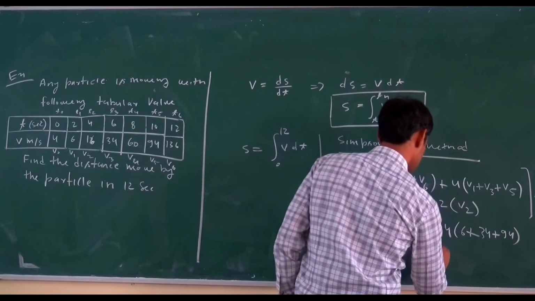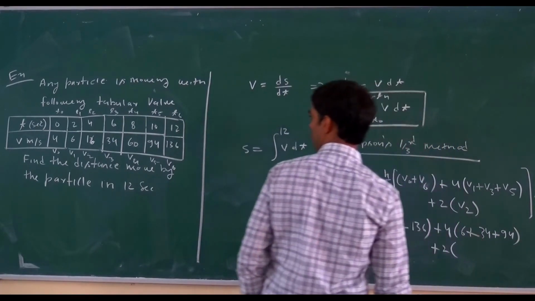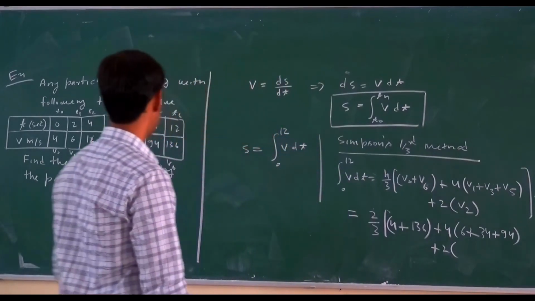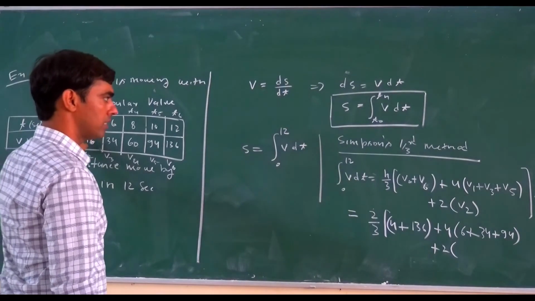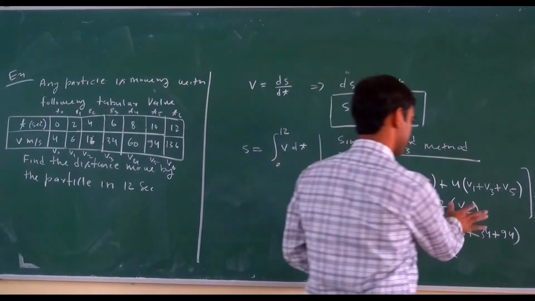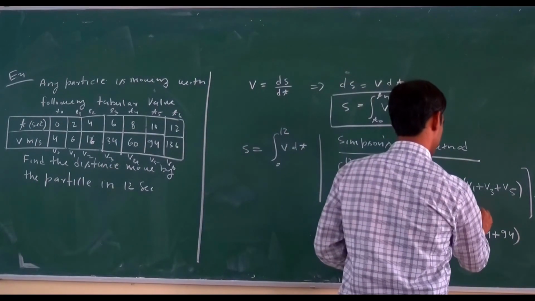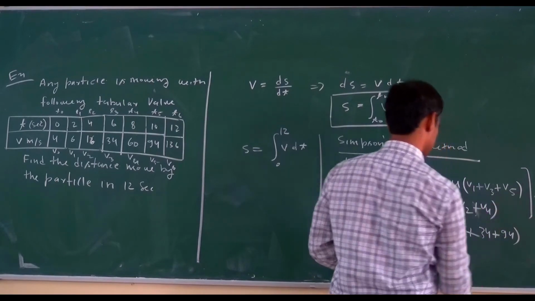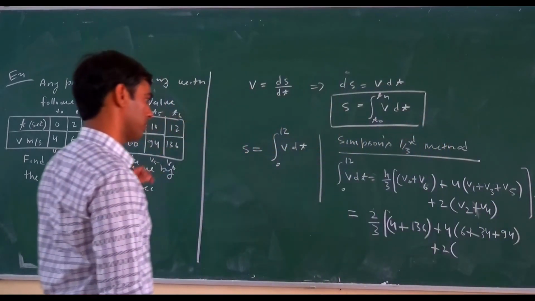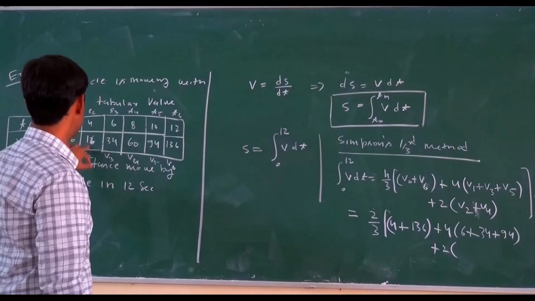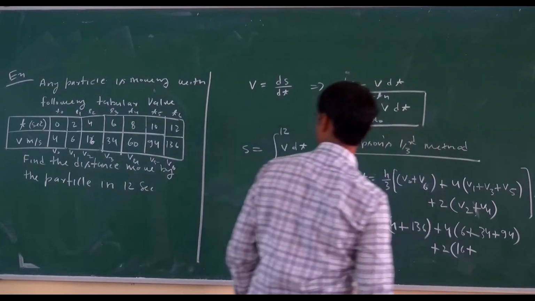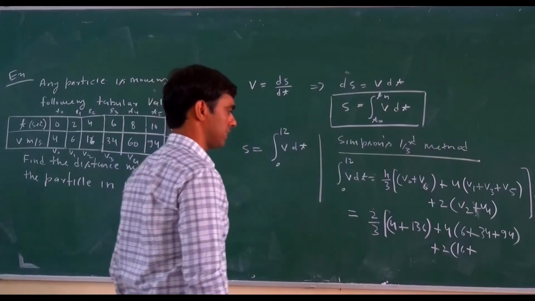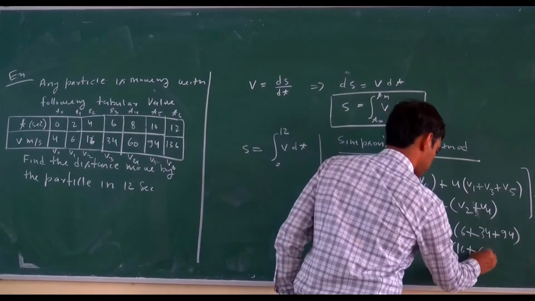Plus 2 times of V2, as well as V4, because this is also a term of 2. This is the formula, V2 and V4. So 2 times of V2 plus V4: V2 is 16, plus V4 is 60.